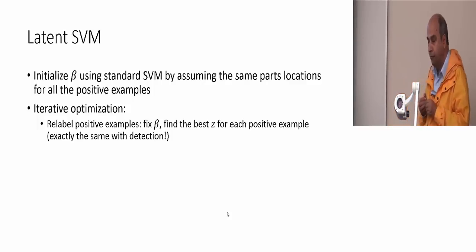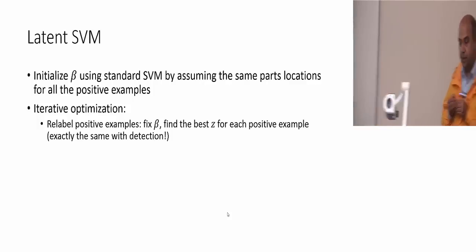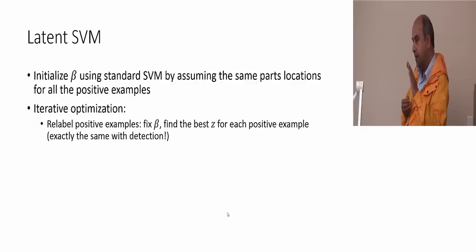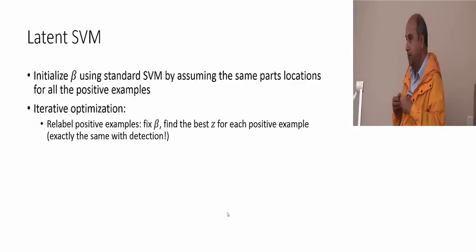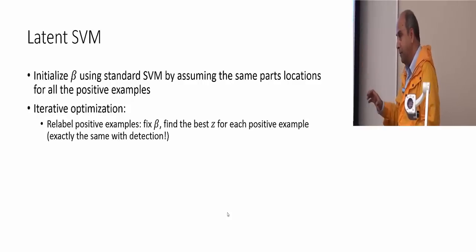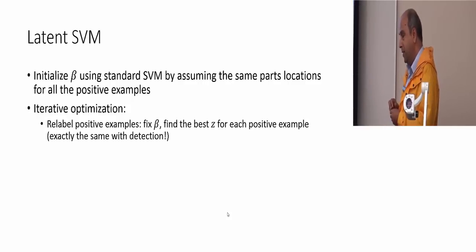Then we will find the z: given these filters and this deformation cost, for each positive example, what's the best place where we can find the human? That's actually a detection. We are given filters, and we want to find the best place where the part occurs.